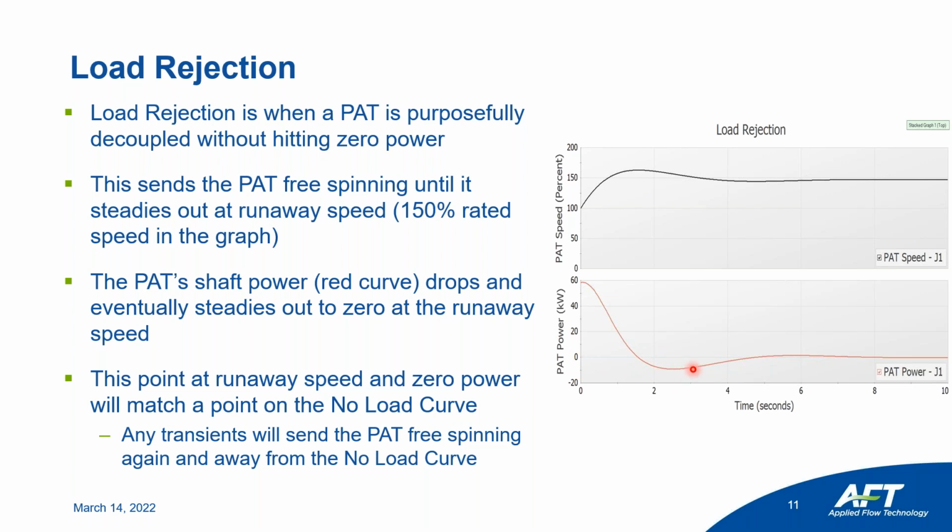And all that means is the flow is imparting force that wants to slow down the PAT or the shaft. And then it comes up and overshoots 0 a little, making it want to spin a little faster again, and then eventually steadies out at that 0 power, where you can see the PAT is at that runaway speed.